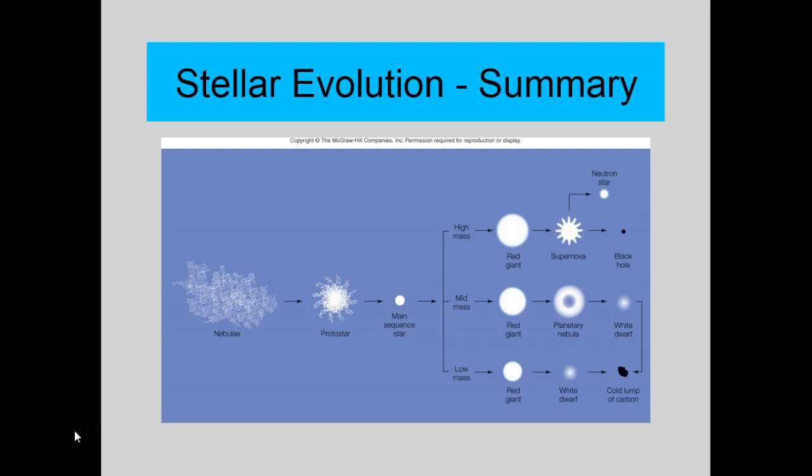But when it finally uses up all the hydrogen, fuses it all into helium, then you have the beginning of the end. No more outward pressure, so gravity comes back into play, forcing a lot of heat, and the heat is expanding the outer shell out, so it becomes a red giant. It was just a little old main sequence star, now suddenly it's a red giant. Giant because it's big, red because it's cooler.